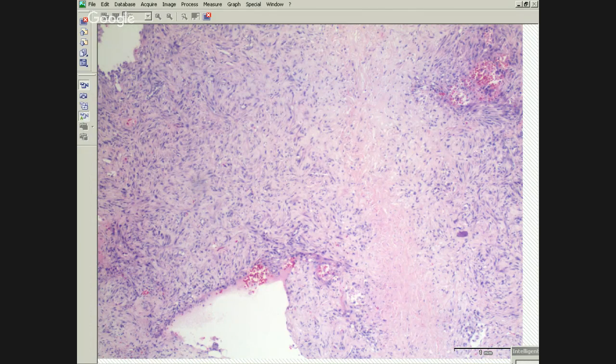A lot of the sarcomatoid ones will be negative for the mesothelioma markers, though. If you're lucky, it may stain for calretinin or D240. Those are the two that most commonly will stain. Mesotheliomas, WT1, not so much and almost never for CK5-6. But those can be helpful when they're positive. But again, you want to be careful about that. There's some pitfalls with those that I'll show in a second.